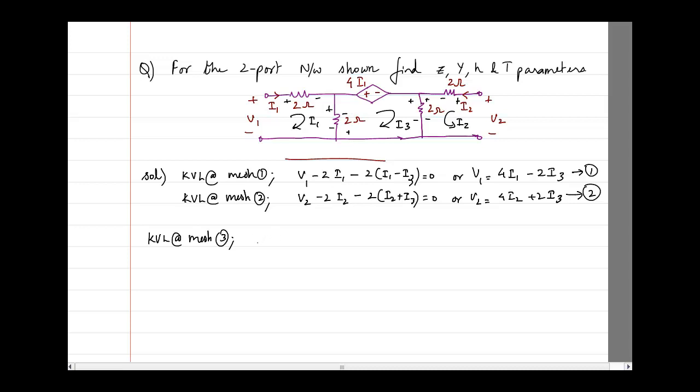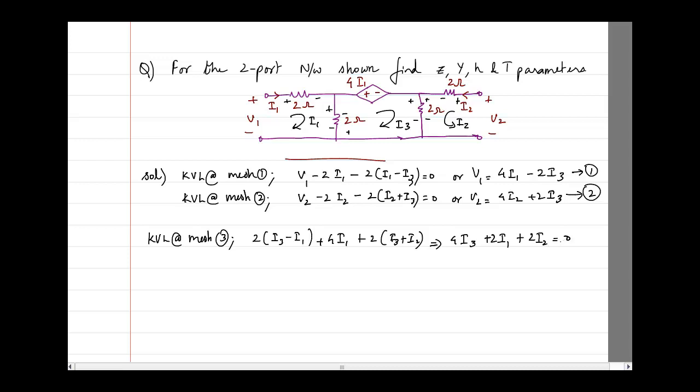So if I am going to take from back of the elements, so 2I3 minus I1 plus 4I1 plus 2I3 plus I2, I can write that as, I will write all the I3 components together, which is going to be 4I3, and I1 components together, I will get plus 2I1, and I2 components together I will get plus 2I2 is equal to 0.